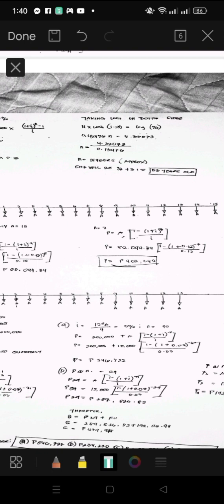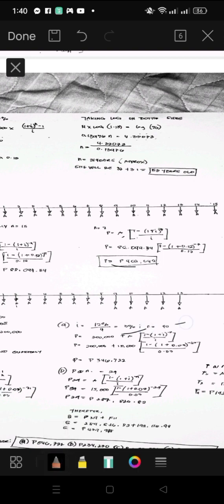So our solution is P equal to 200,000 plus A quantity of 1 minus 1 plus i raised to the power of negative n over i.